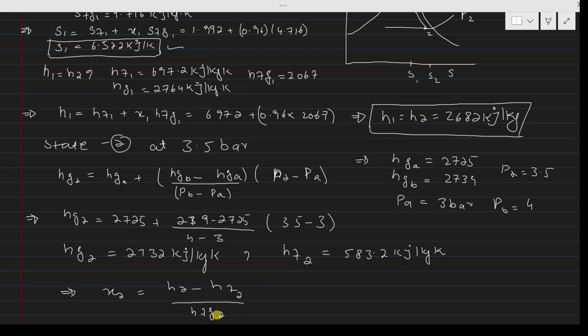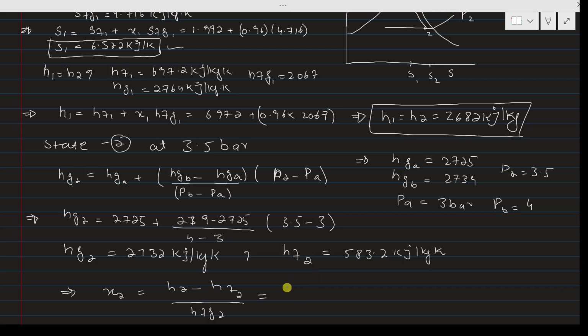And what is this hfg2? It is the difference of these two values, 2732 minus 583.2. After putting the values in this formula, you will get the dryness fraction.